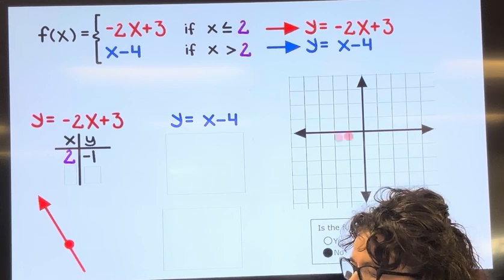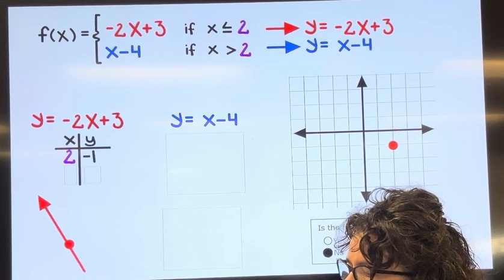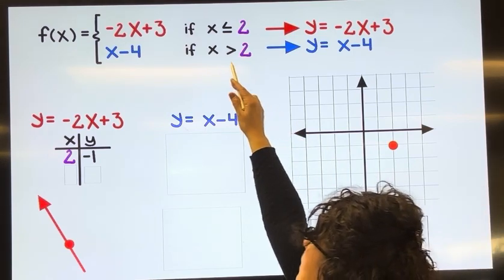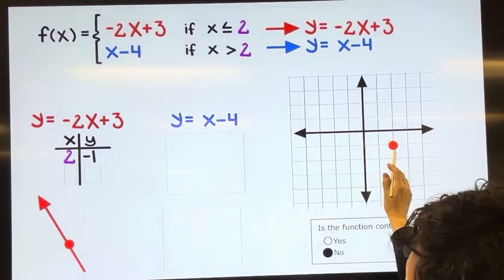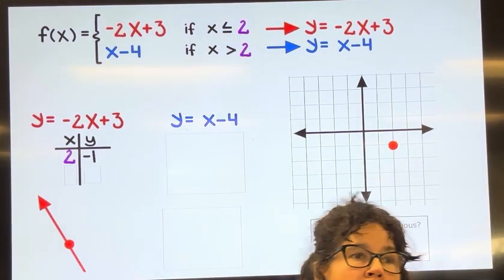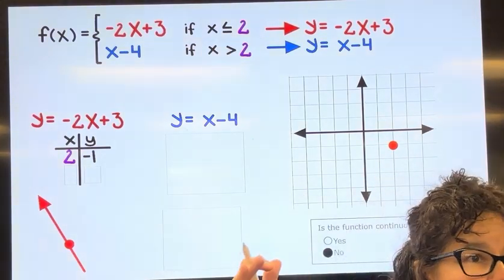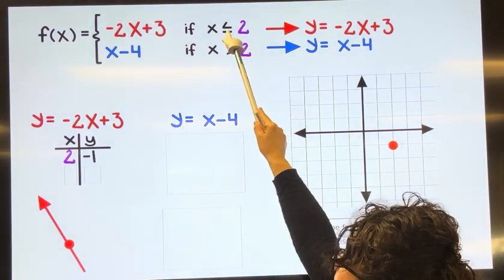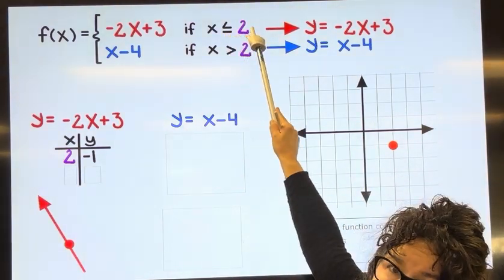So I'm going to put a point at 2, negative 1, right? 2, down 1. Now, it's x is less than or equal to 2, so the ray is going to start at a closed dot. Now, when I go to get my extra point, I want to make sure that I select an x that is smaller than 2.